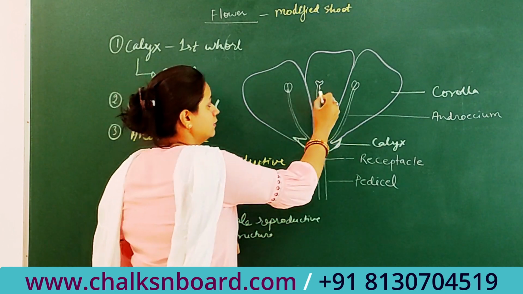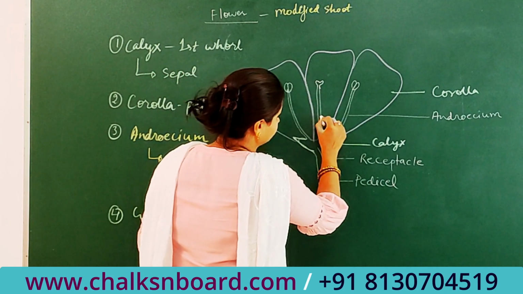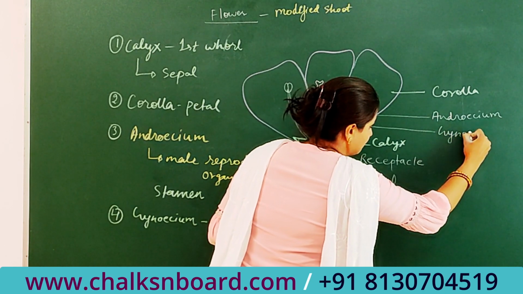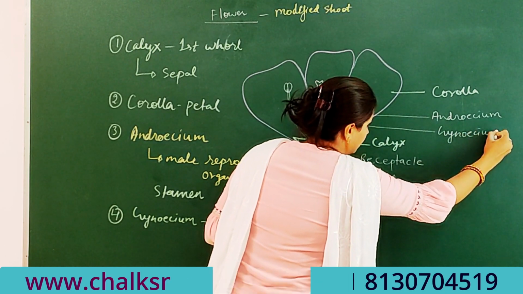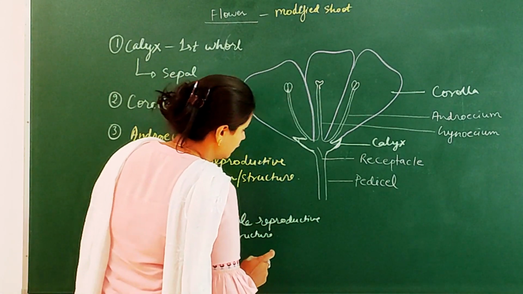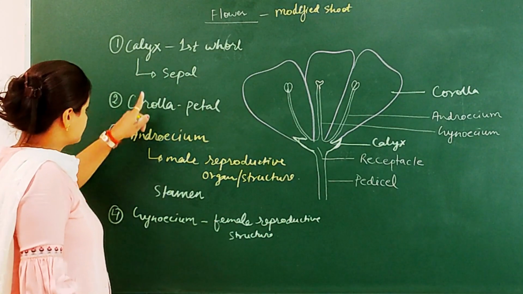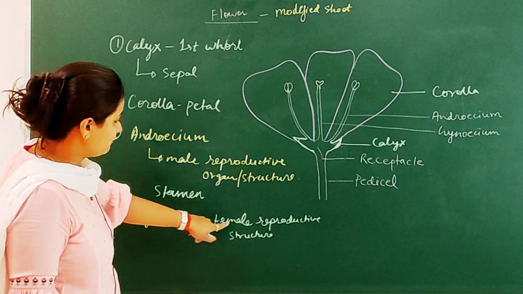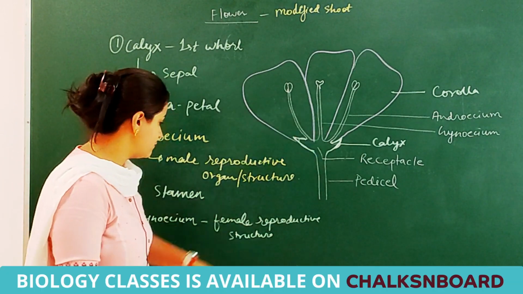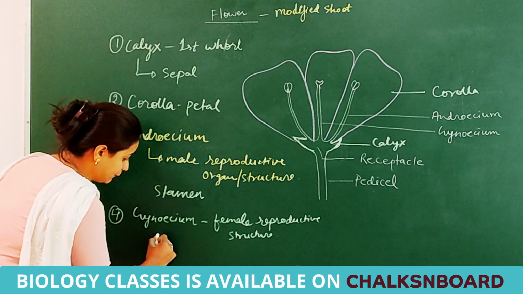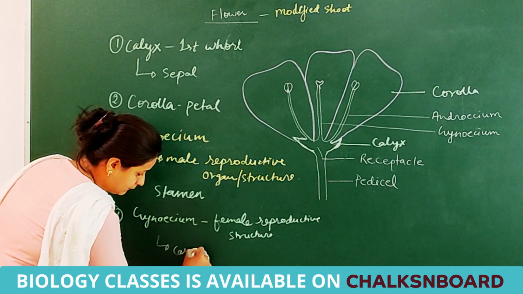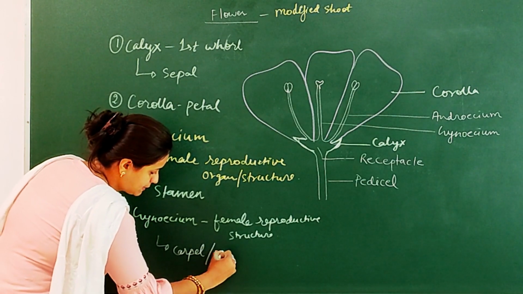This is the gynoecium. Further parts of gynoecium we will talk about one by one. Gynoecium is the female reproductive structure, and each unit of gynoecium is called a carpel or pistil.